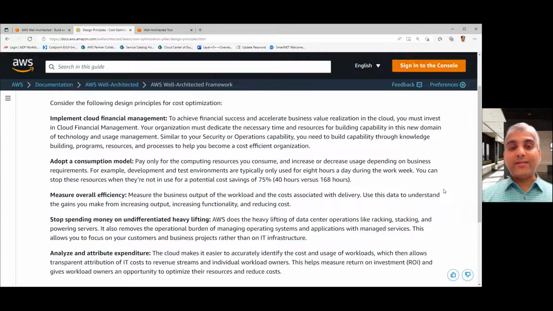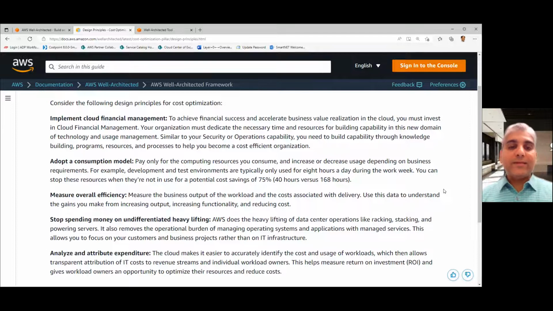And what that does is it also frees up your money to actually maybe get more specialized resources or more specialized team members that can take your own product or service to the next level. And so this optimization is really key to how you create better value from the cloud.